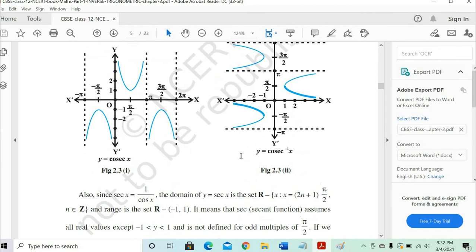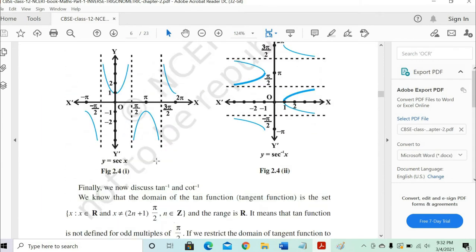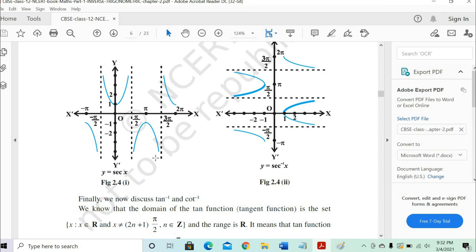Now let's go to the secant inverse x. Now draw the figure 2.41, and we will try to understand with the secant x.